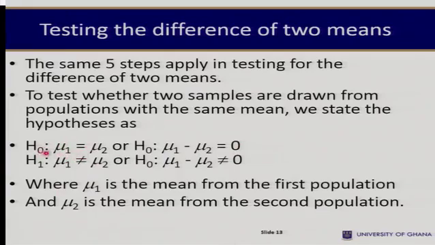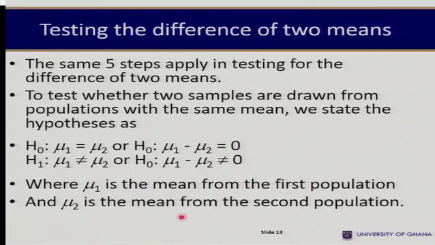We want to test whether the two means are equal or not. So you can write your null as mu1 equals mu2, or you can write it as mu1 minus mu2 equals 0, because if they are indeed equal, the difference should be 0, right? So mu1 is the mean from the first population and mu2 is the mean from the second population.